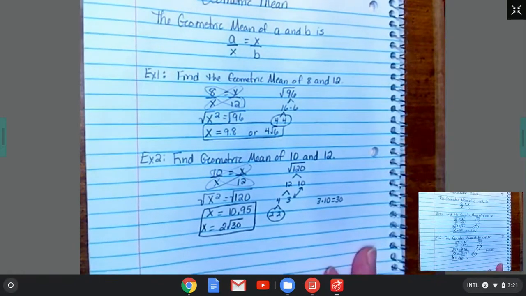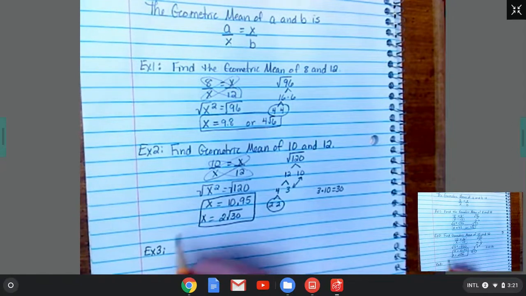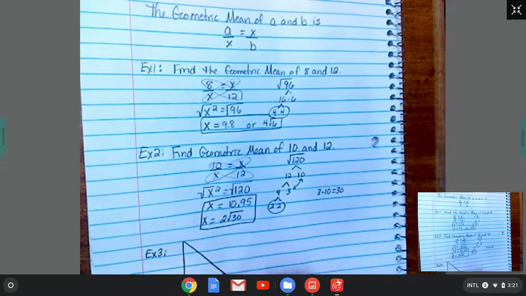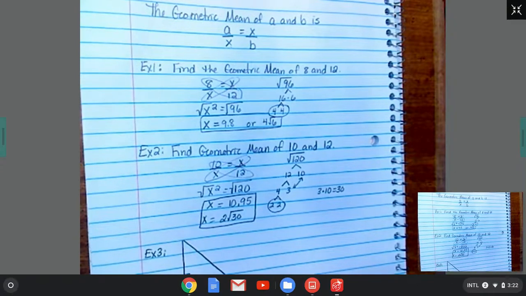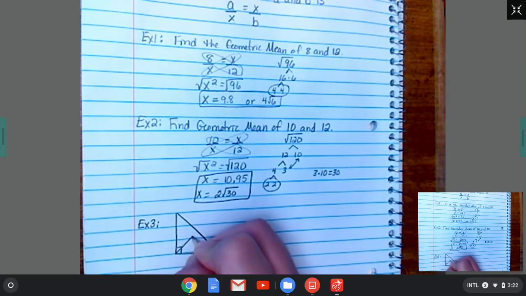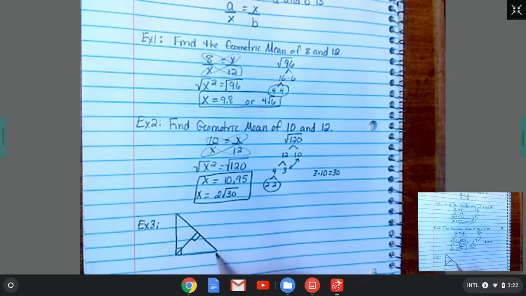Okay, then our last one is how do we relate this to anything geometric? It has to do with right triangles. And we've done a squared, b squared, c squared. We've done sine, cosine, tangent. Well, on a right triangle, they have a segment called the altitude to the hypotenuse. The hypotenuse is the longer side.